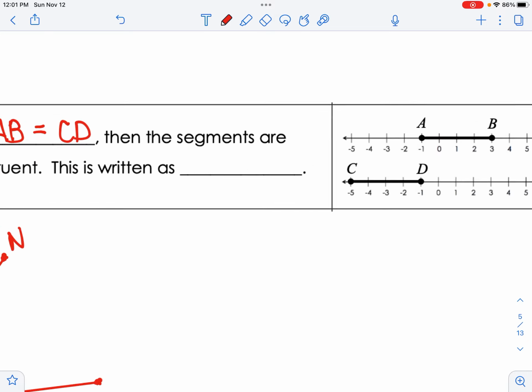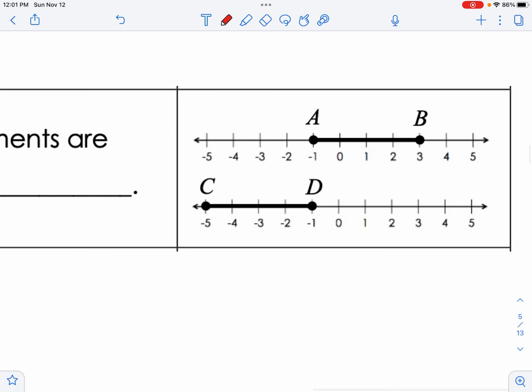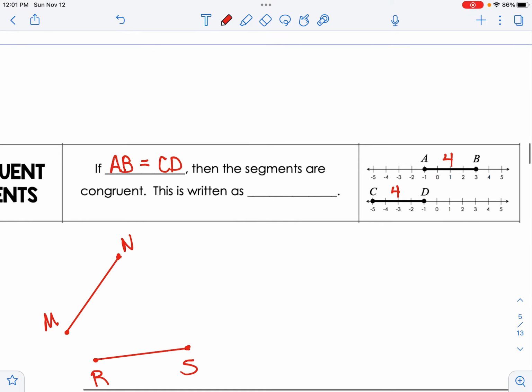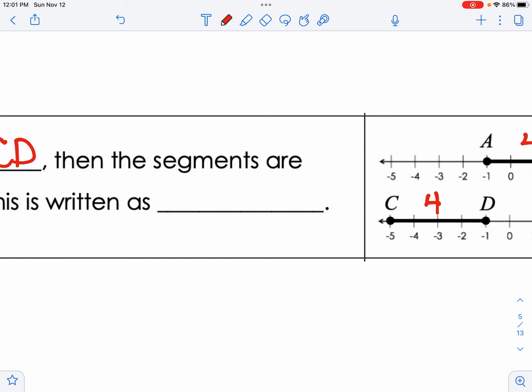Here, A is from -1 to 3, so that's a length of 4. And C is at -5, and then D is at -1. So the distance there is also 4. Since the lengths are the same, we can say that segment AB is congruent to CD. Congruent means equal to. The lengths are the same.